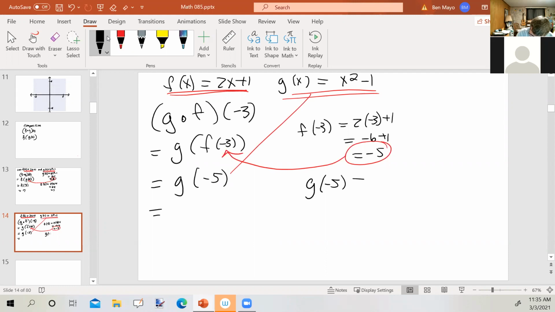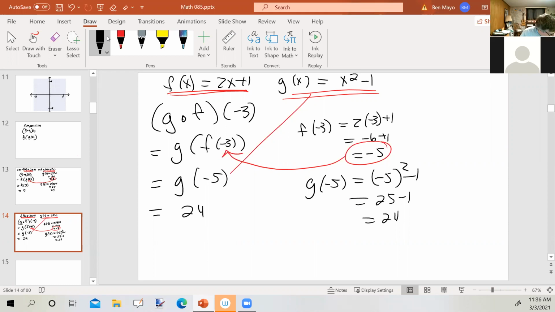G of negative 5 equals negative 5, the quantity squared, minus 1. 25 minus 1, 24. So G composed with F of negative 3 equals 24. So we're just evaluating functions at different values, but in a certain order. We get the answer to the first one, and then we evaluate the second one at the answer to the first one.